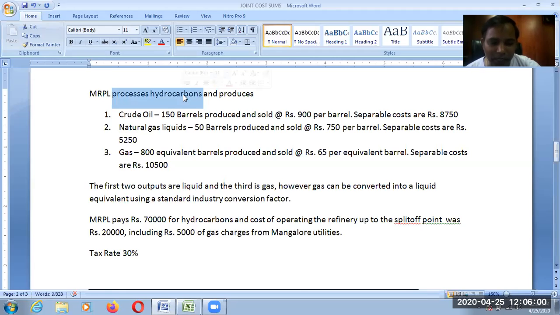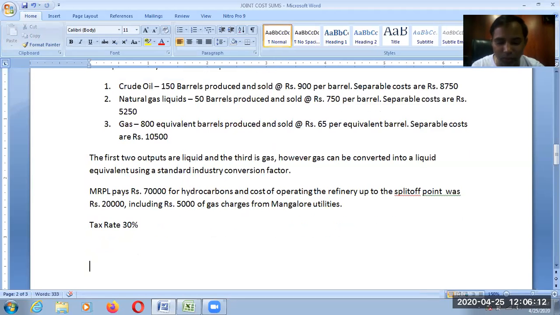Raw material is being acquired before these products are produced, so it is a cost to the company, plus refinery operating charges are 20,000. In this sum, there is nowhere mentioned what is joint cost. We need to identify that. So the total joint cost is 70,000 plus 20,000 comes to 90,000. The total joint cost in this sum is 90,000 rupees.